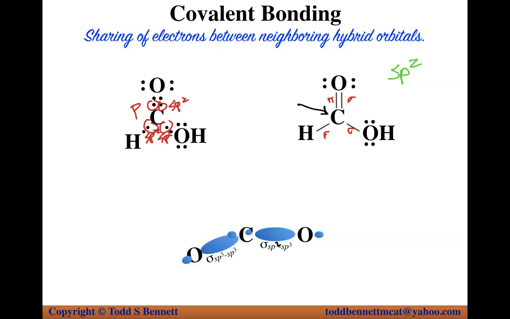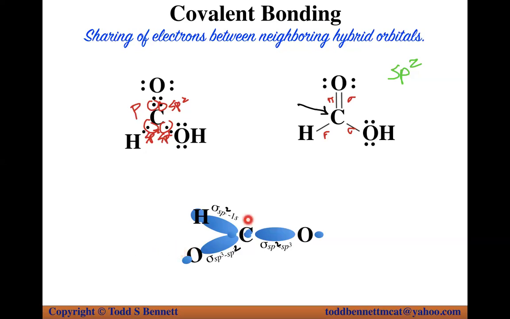Okay, so here's my sp2 to sp3. Here is again the same typo, so let me get rid of it. It is an sp2 carbon bonding to an sp3 oxygen. And then there's an sp2 of carbon connected to the 1s of H. Then there's one more bond, and that's the OH bond.